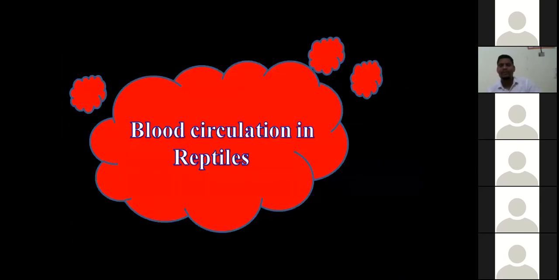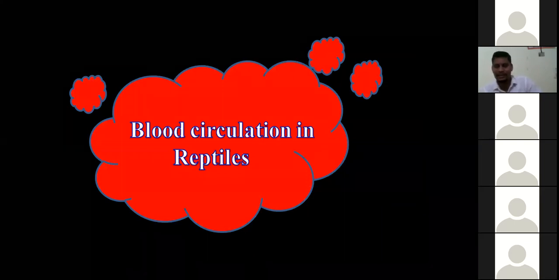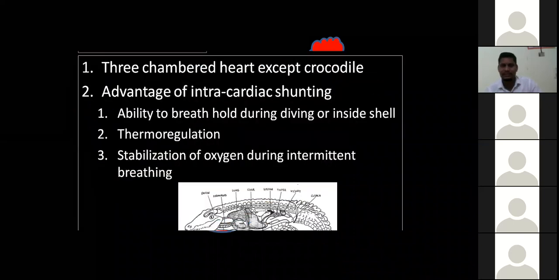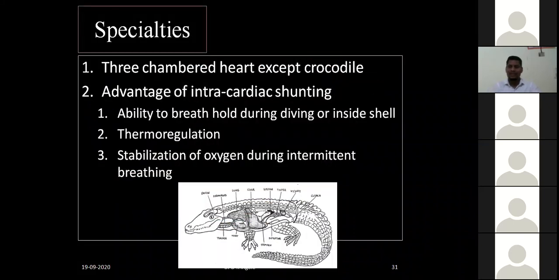Before going into detail on the hematology and cardiovascular system of the reptile, let us have some highlights with regard to blood circulation in reptiles. What is the speciality of the blood circulation in reptiles?